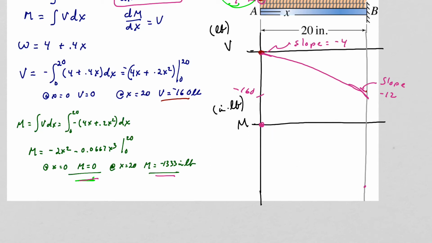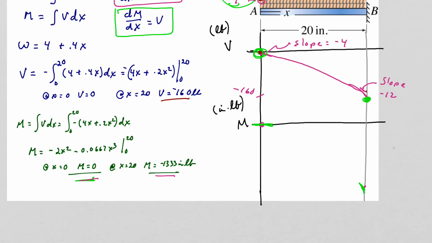We can determine the way that this moment diagram goes by looking at the slope of the moment. And the slope of the moment curve is determined by the value of the shear diagram at that location. So if we look at x equals 0, the value of the shear at this location is 0, so my moment slope is 0. The value of the shear at the end, at B, is this negative 160, so it's going to be a very steep slope.